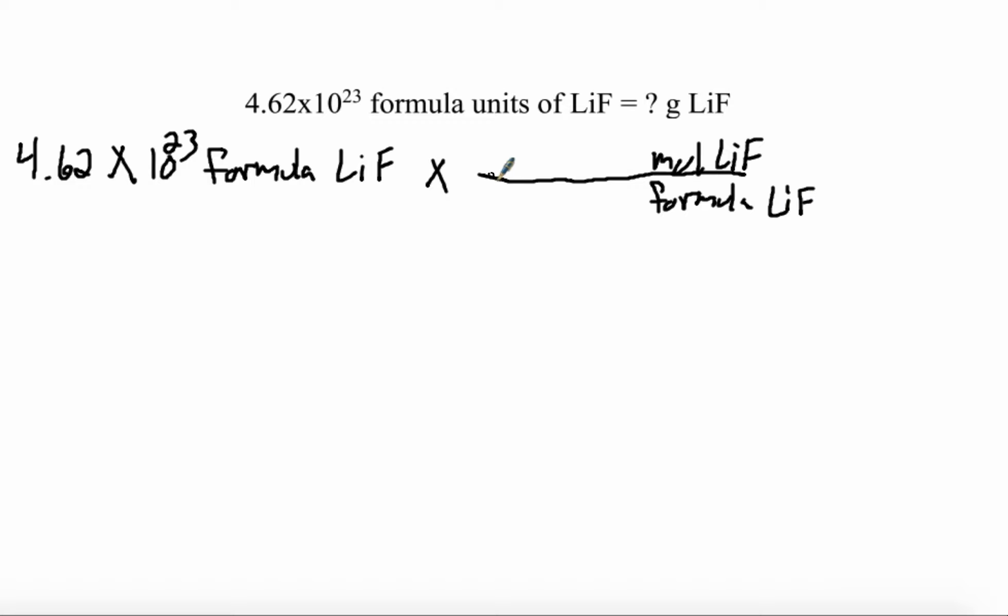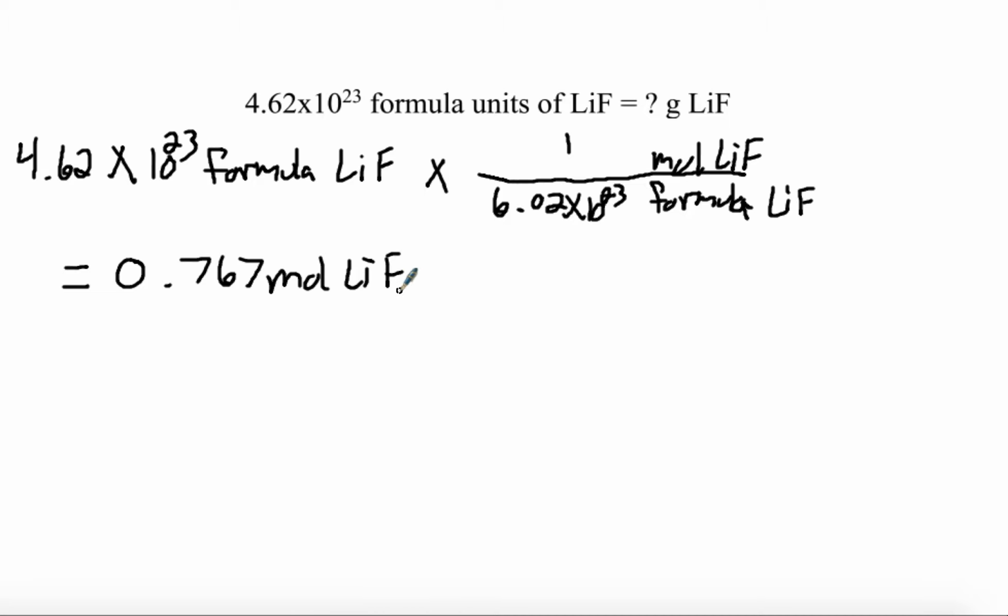Once again, Avogadro's number, because it's used for anything counting. So 1 mole contains 6.02 times 10 to the 23 formula units of LiF. You get 4.62 times 10 to the 23 times 1 divided by 6.02 times 10 to the 23, and you get that this contains 0.767 moles of lithium fluoride.